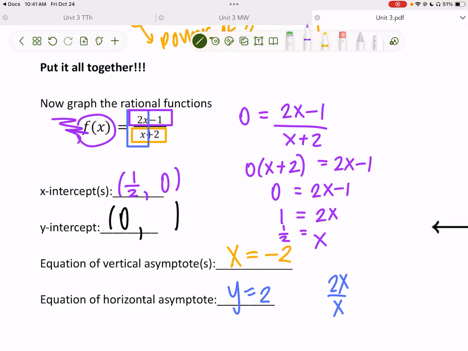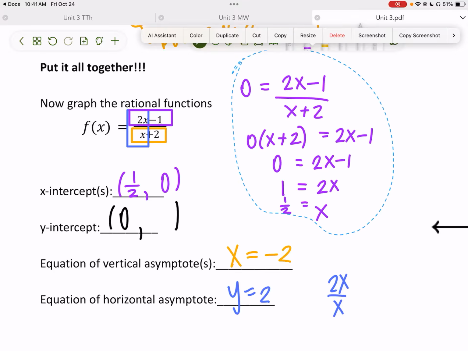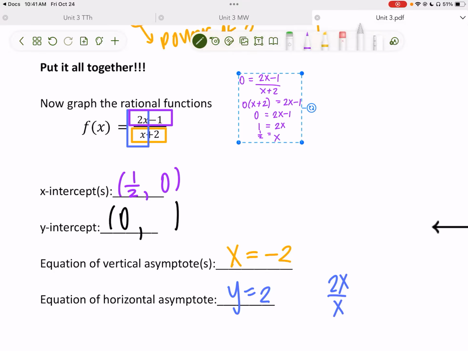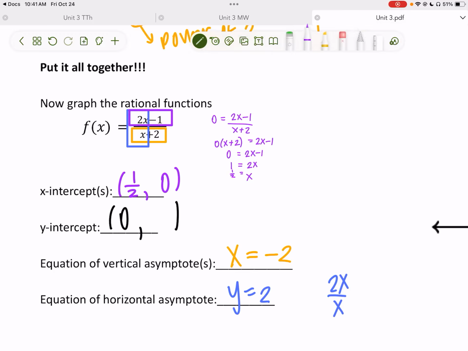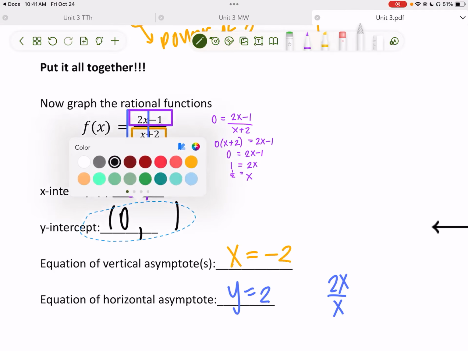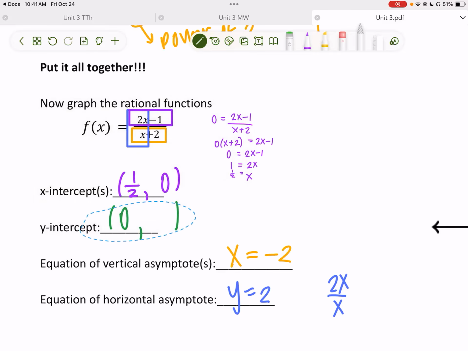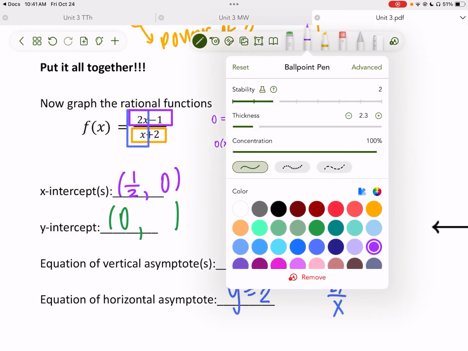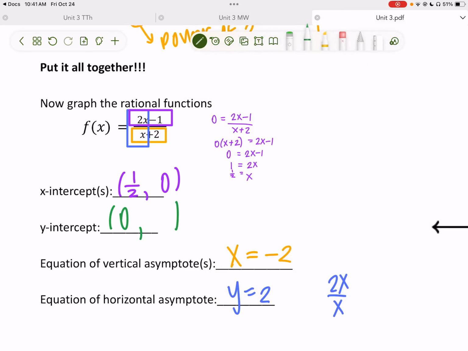I like to box things and color code them. So if that is helpful to you, feel free to do the same. But if it's not helpful, don't feel obligated to do that. So let me shrink that so we have more room. And then let's do the y-intercept. Now that's when x is equal to 0.